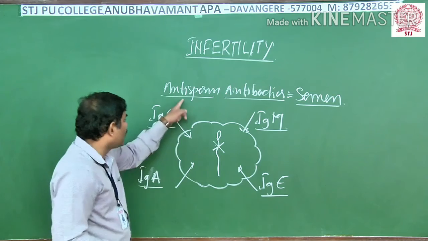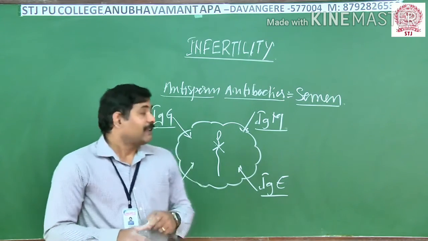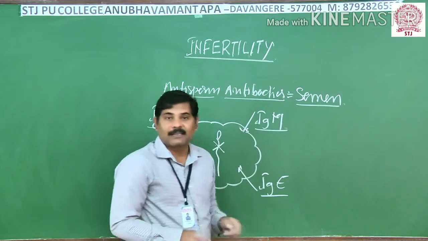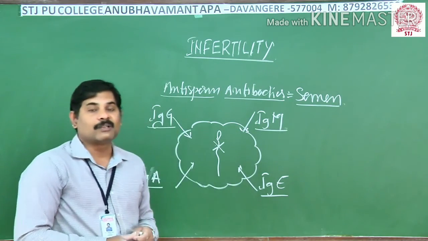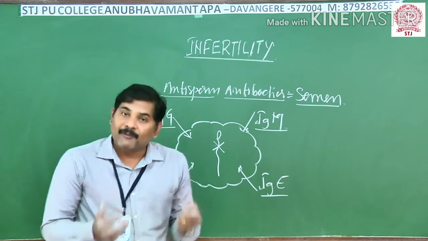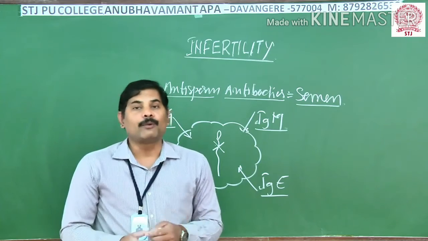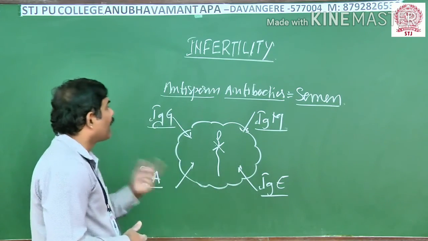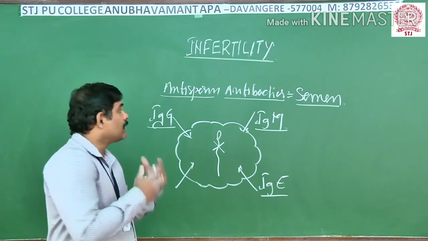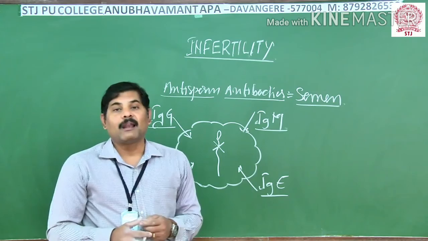That is the reason we call them anti-sperm antibodies. If they are present in the semen of a male, they attack the sperms and lead to destruction of the sperms. If that happens, generally the male will become infertile and not able to conceive babies. So that is one more problem. These are the various problems that cause infertility in a male person.